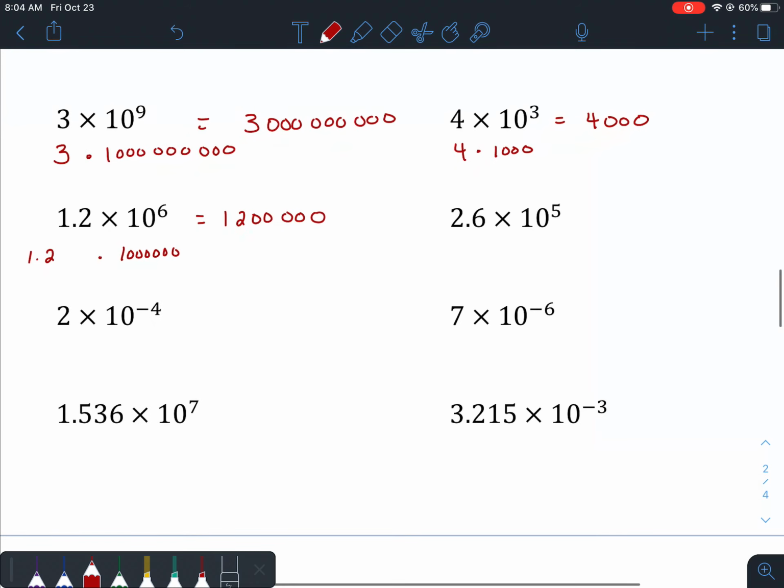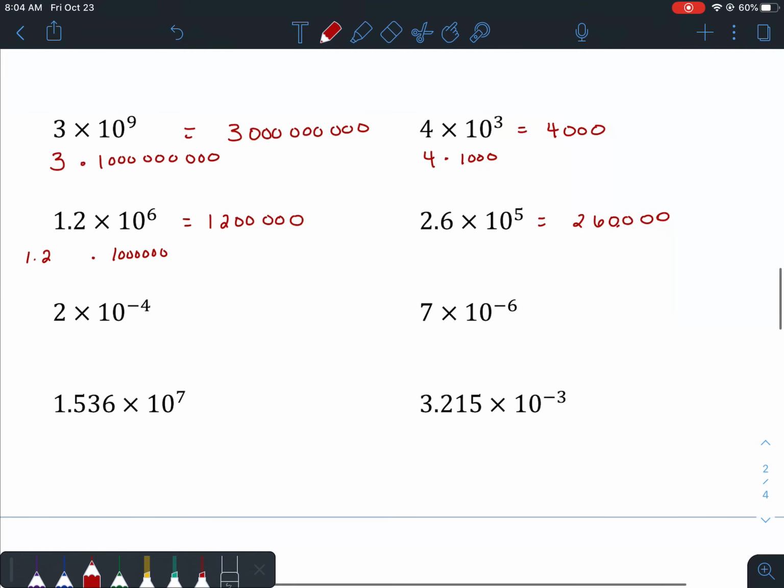What about 2.6 times 10 to the 5th? It's 260,000.